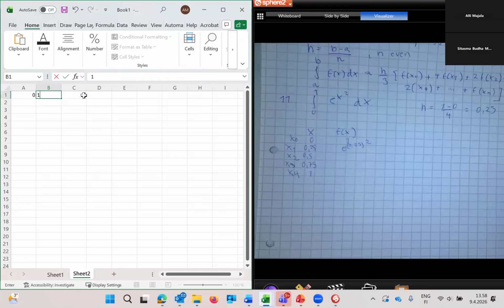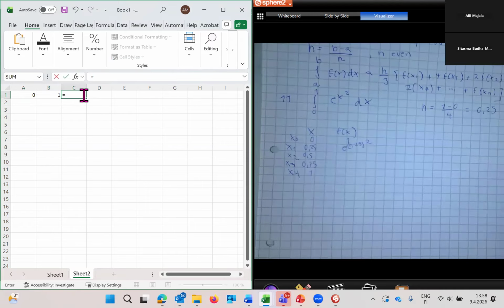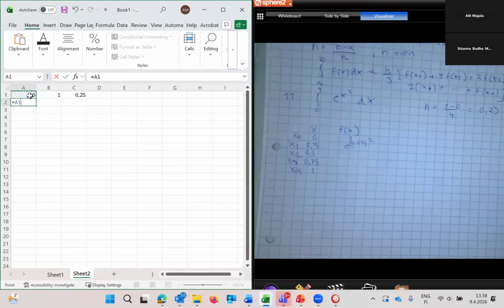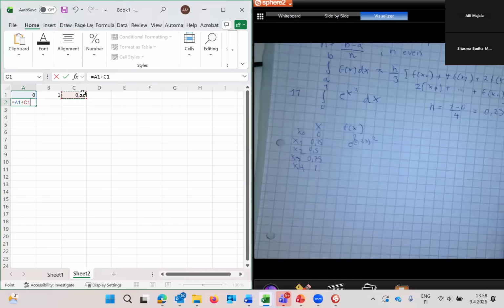Then I can calculate anything minus this, and I want the 4 subintervals divided by 4. I get 0.25. Then I start from this, and I put here the 0.25. This plus this, and then I just add it until 1.